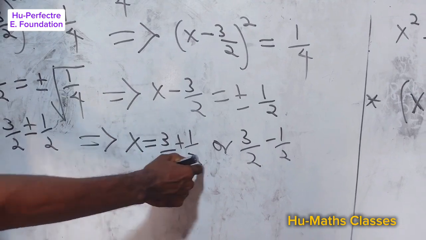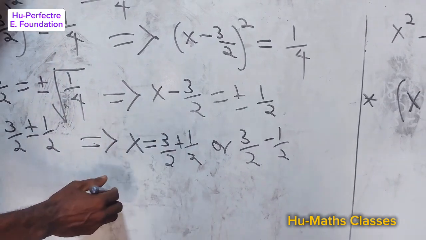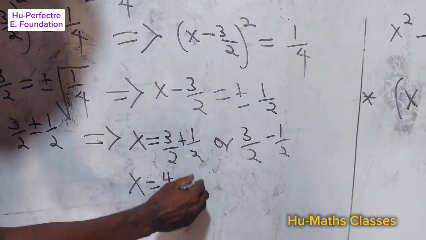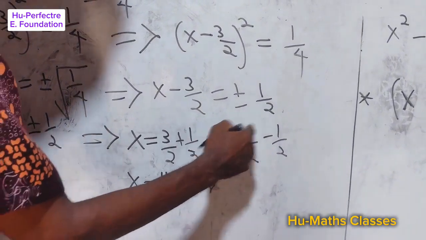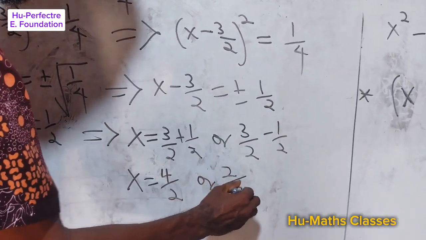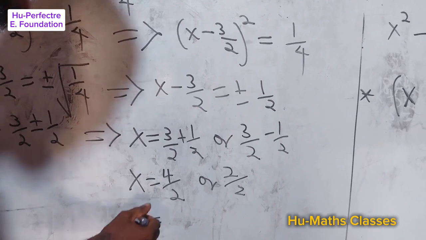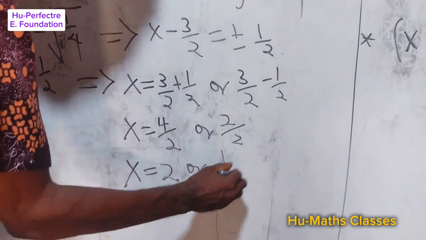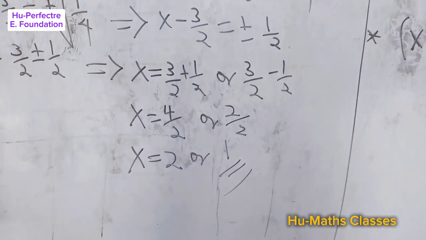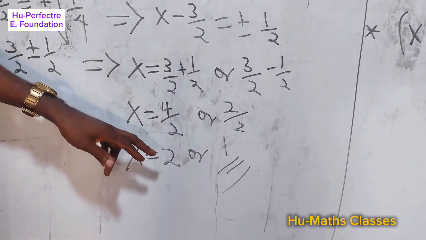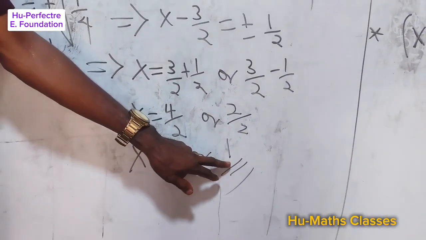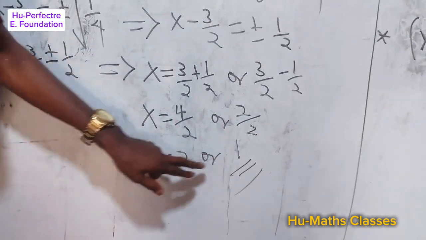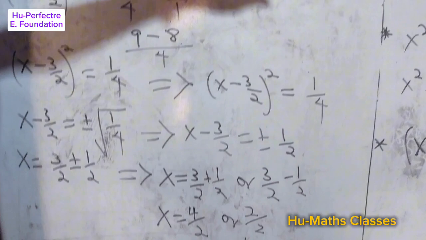They have the same denominators, so x is equal to 4 over 2, or 3 minus 1 is 2 over 2. Our final result will be 2 in 4 is 2, or 1. So the final result for x is 2 or 1. These are the two values of x after solving our problem.